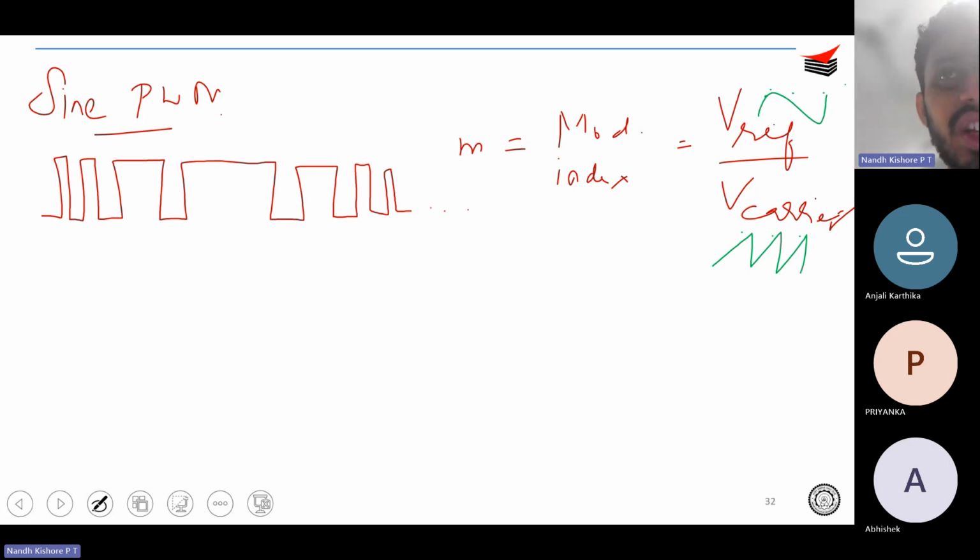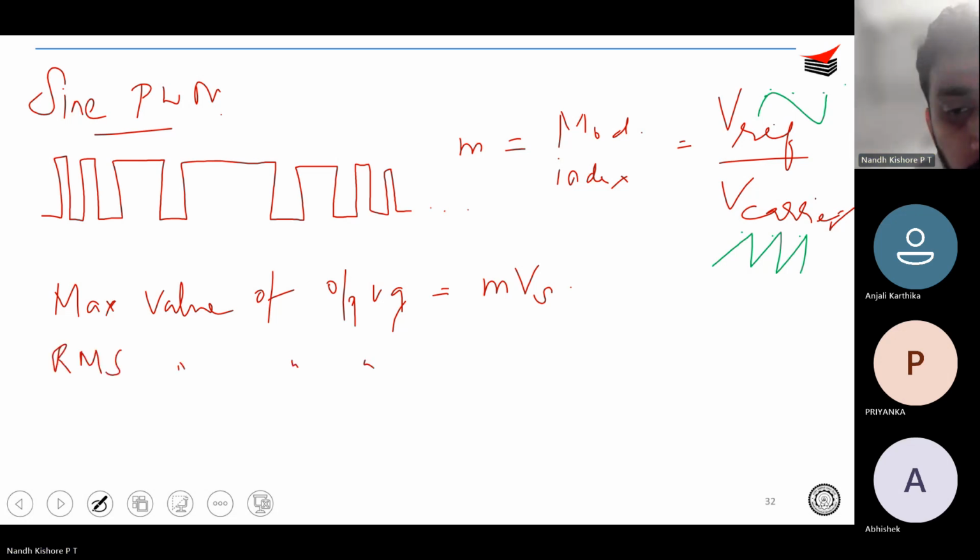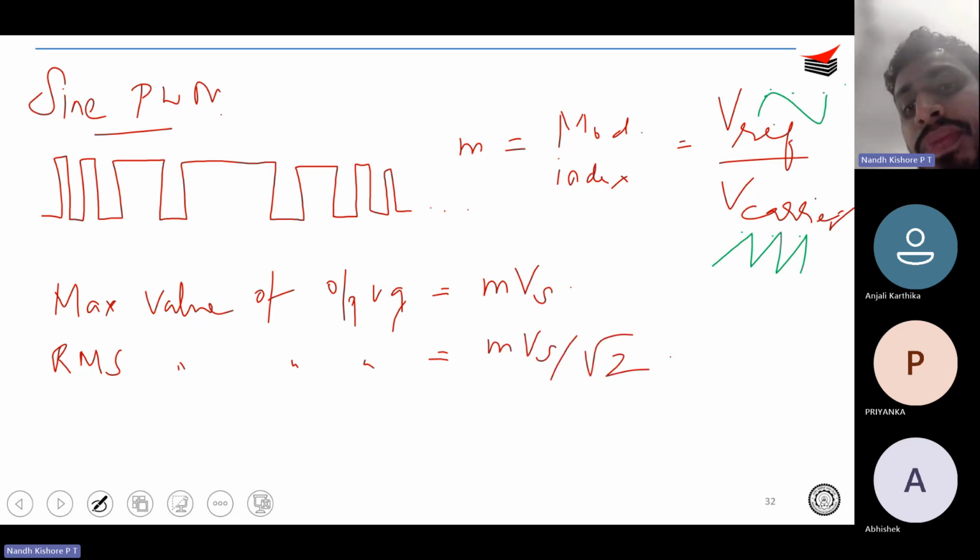If M is a modulation index, then the maximum value of output voltage is going to be M times Vs, or M times VDC, however you may call it. And the RMS value of output voltage will be M times Vs over root 2.